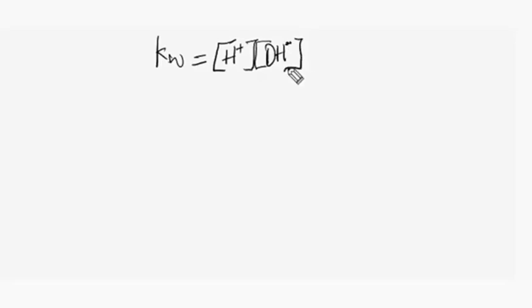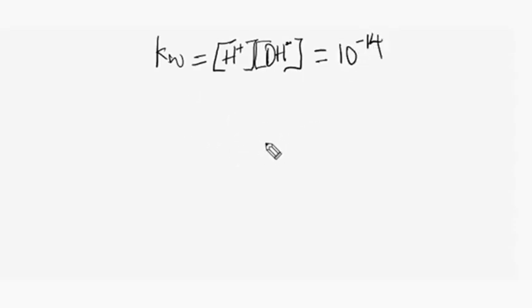First of all, we know that the ionization constant of water is the concentration of hydrogen ion times the concentration of hydroxyl ion is equal to 10 to the power of negative 14.